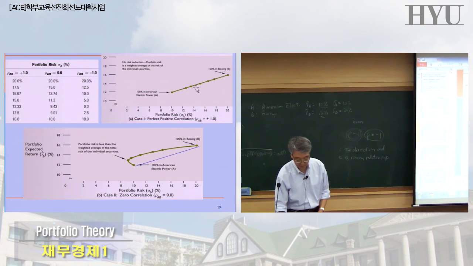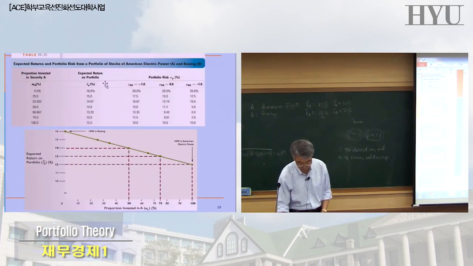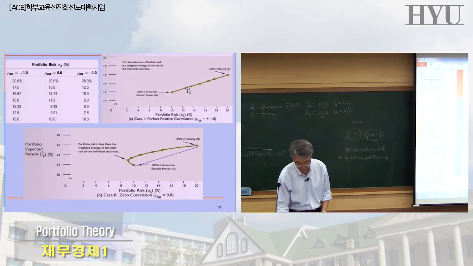There's nothing but the weighted average. So this second dot here is 12.5% risk and the return of 13%, I believe. Yeah, return was 13% and the risk came out to be 12.5%. So that's what we have here at this point.